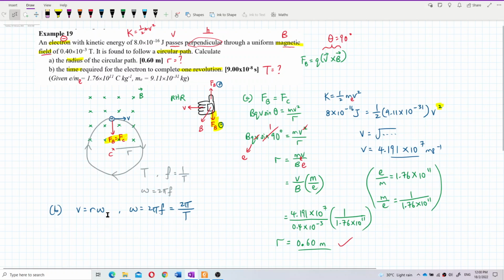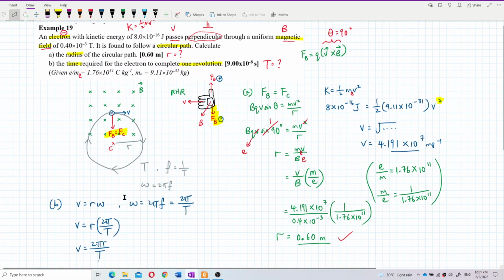So substitute into the formula. We have V equals R omega, where omega is 2 pi over period. This is R. So V is actually 2 pi R over period.